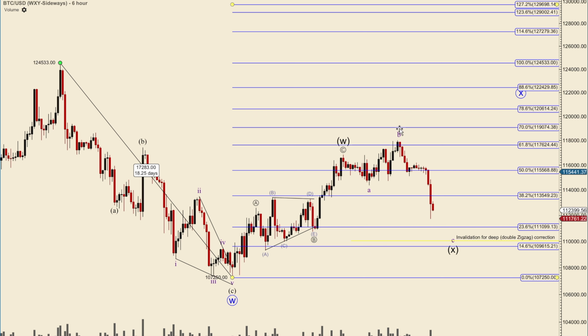Because if we hit this fib, then we are looking at a more sideways correction.